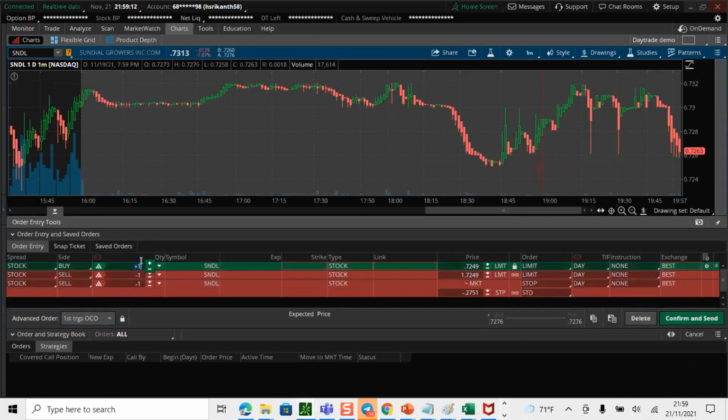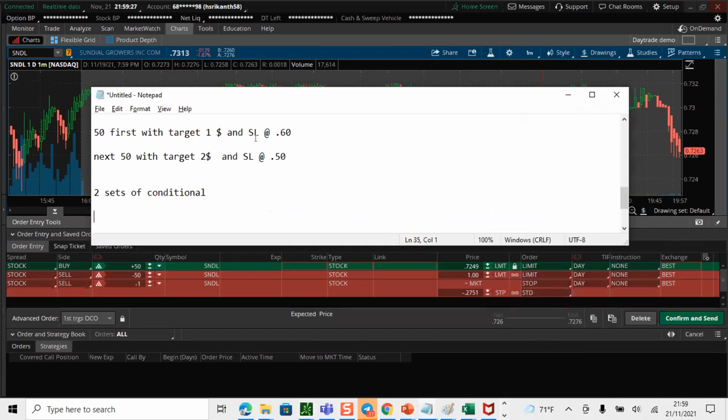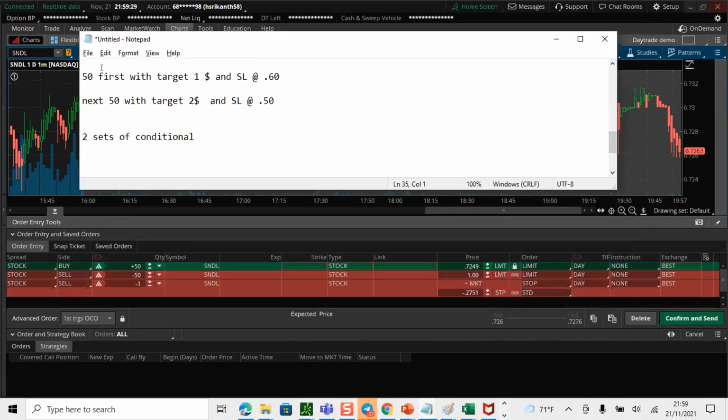Here I'm buying the first 50 stocks at 72, and I want to sell for a profit of $1 or a stop loss, right? I'm just setting the first one now. I wanted to sell it for a stop loss.